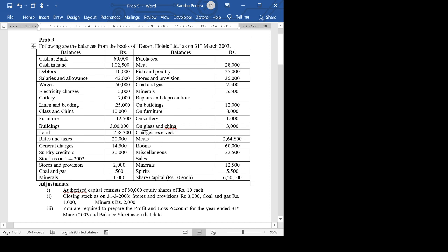We'll have charges received. All these charges received. I don't think we have anything mentioned as sales, so this is what it's going to have. Meals 2,64,800.